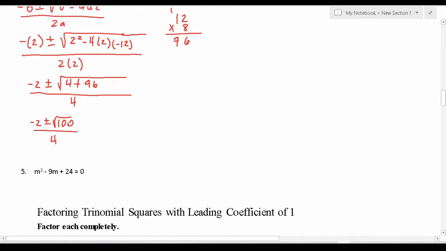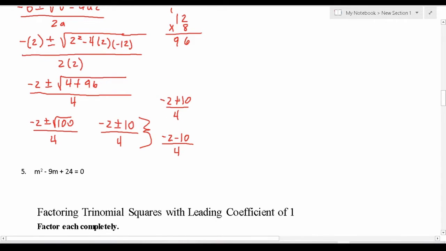The square root of 100 we should know is 10, so this becomes negative 2 plus or minus 10 over 4. And as we saw earlier, this breaks into 2 different solutions. We have negative 2 plus 10 over 4, and then negative 2 minus 10 over 4.